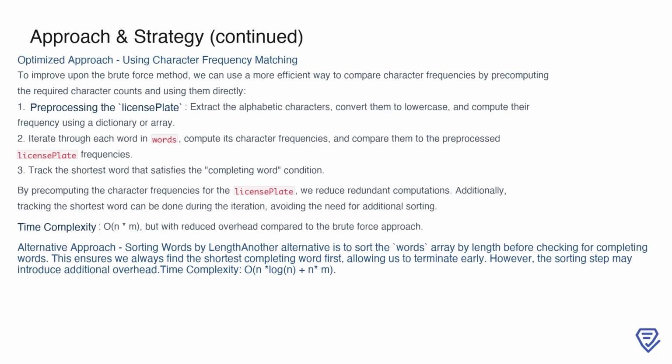Then, as we iterate through each word in the list, we calculate its character frequency and compare it to the pre-computed frequency of the license plate. If the word satisfies the condition, we check if it's shorter than the current shortest completing word and update our result accordingly. This method avoids redundant computations, as the license plate's character frequencies are calculated only once.